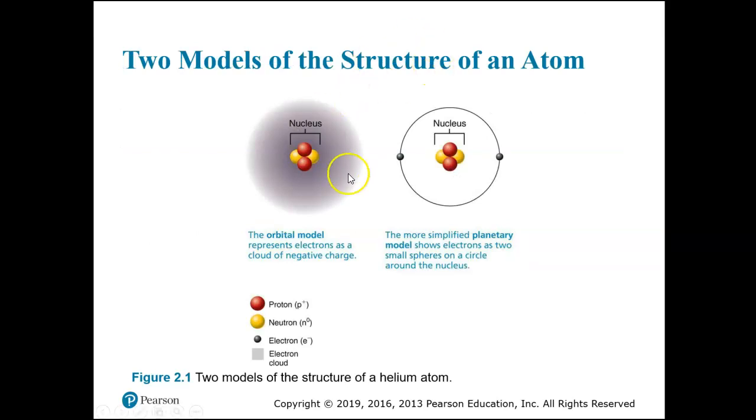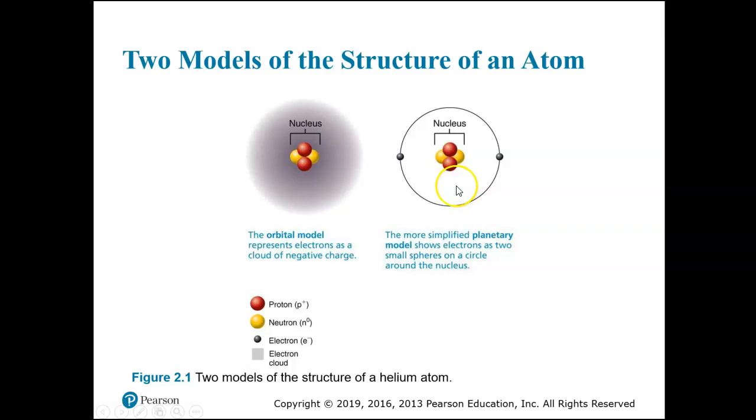Now we're looking at models of an atom of helium. This is helium. We know it's helium because helium has an atomic number of 2, because the atomic number is the number of protons in the nucleus, and it has a mass number of 4 because that is the number of protons plus neutrons. As you can see, that would be 4.